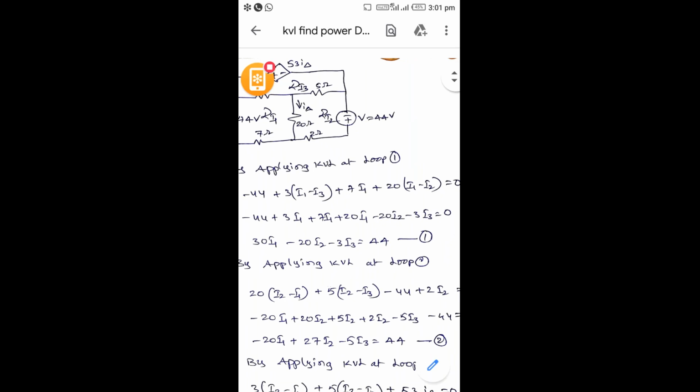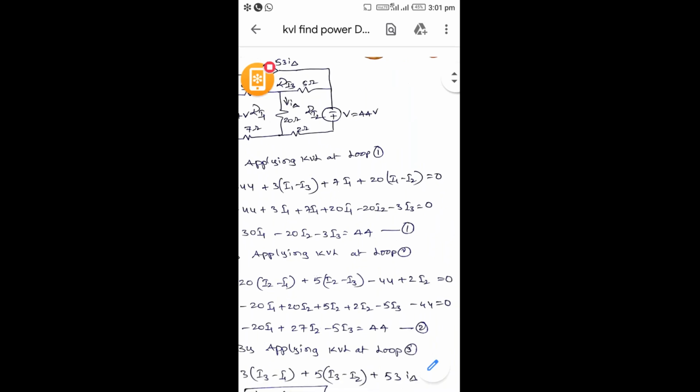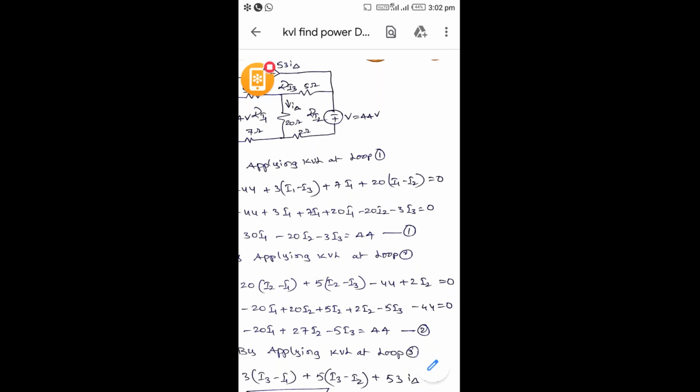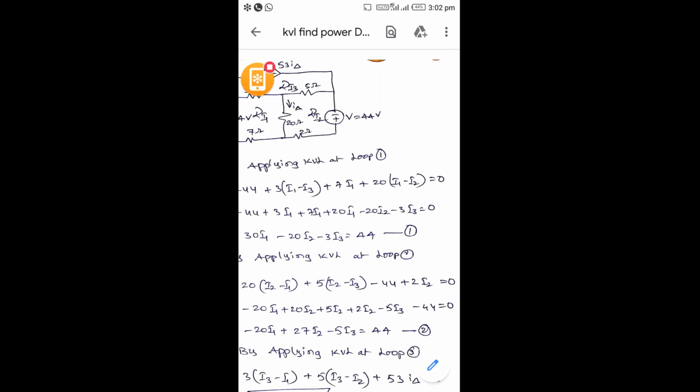Now simplifying, we write the I1 currents, I2 currents, I3 currents and the constant. Minus 20 I1, then 20 I2 plus 5 I2 plus 2 I2, and minus 5 I3, minus 44 is equal to 0.